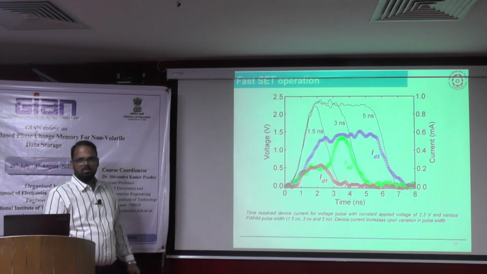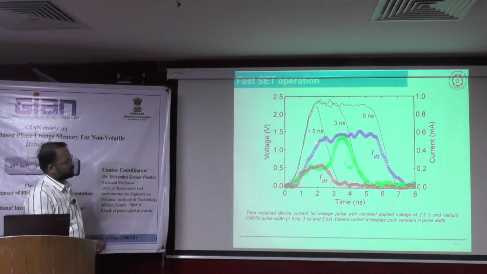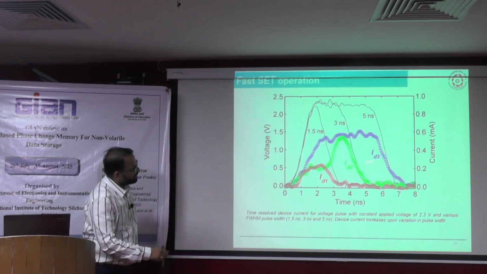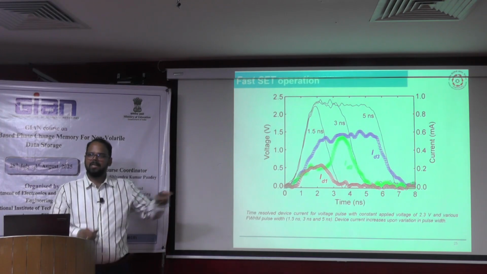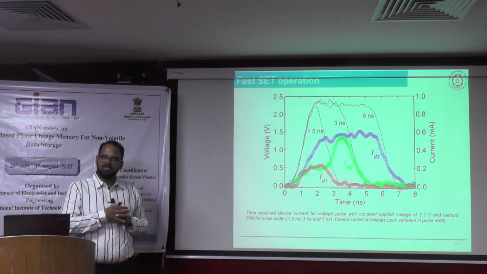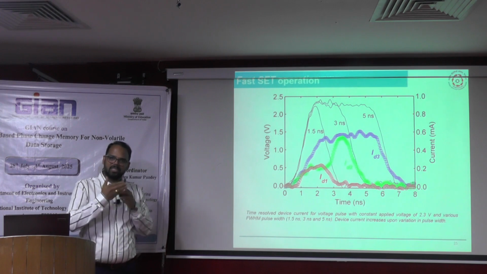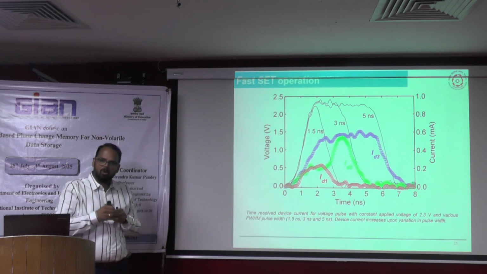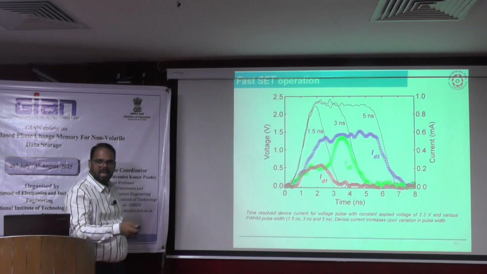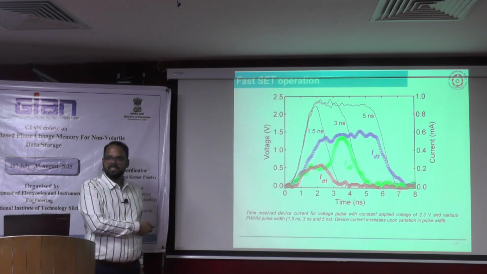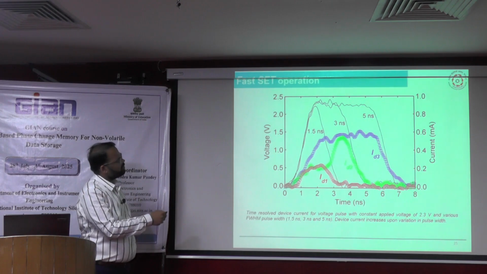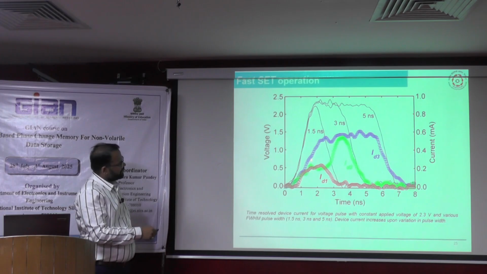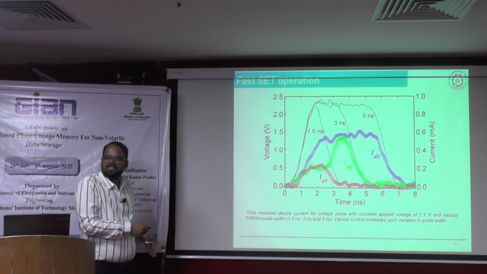So for multi-level, you can also vary the pulse width, the way I discussed a few minutes back, having a constant amplitude but just varying the pulse duration. You can also change the current. This is the best example. We are giving a constant voltage of around 2.2 volt or 2.5 volt, but you can see in each case the current is changing.